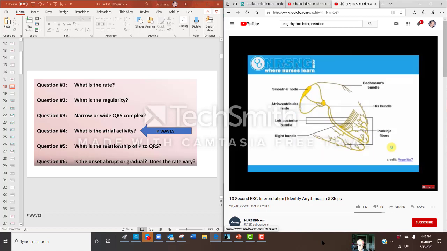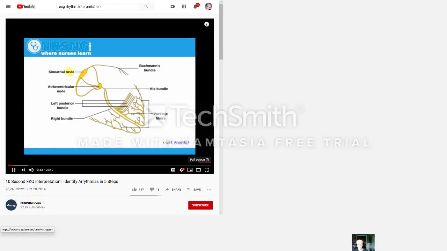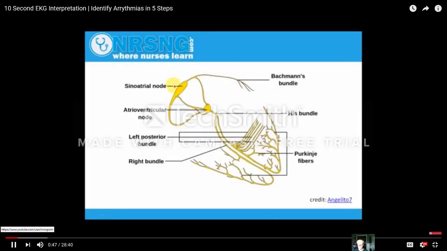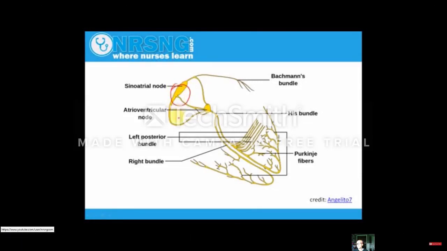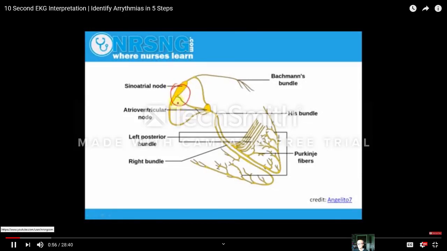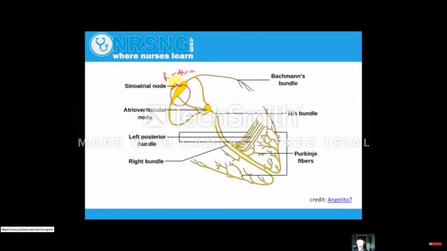So first of all, we need to talk about normal conduction through the heart. With any heartbeat, the conduction should start within the SA node. The SA node sits in the top of the right atria, and it should initiate impulses.